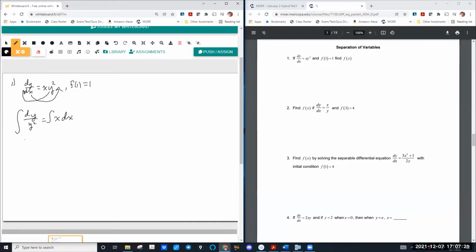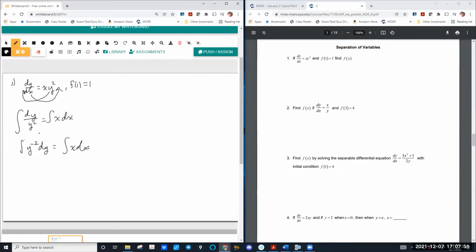Another thing to be careful of, because a lot of these end up being dy over y, we end up getting an antiderivative of ln of y. But this is dy over y squared. The antiderivative is not, I repeat, is not ln of y squared. This is a power rule, right? So this would be the same as y to the negative 2 dy and x dx.